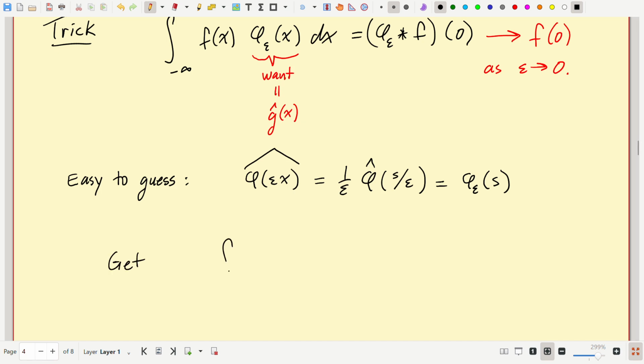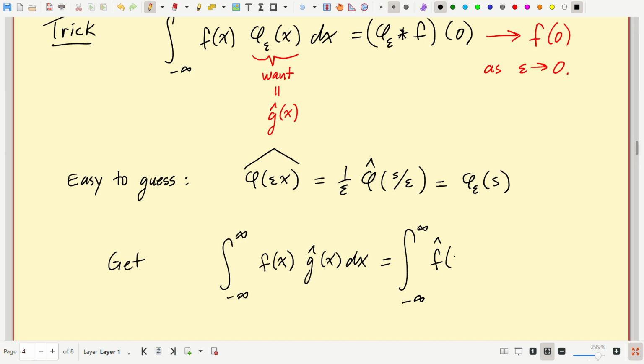I have the integral from minus infinity to infinity of f times a g hat, and I know that integral is equal to the integral of f hat of s, g of s, ds. Dummy variable.